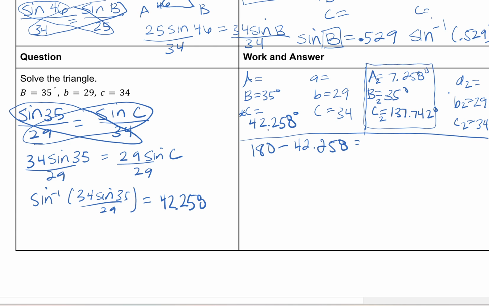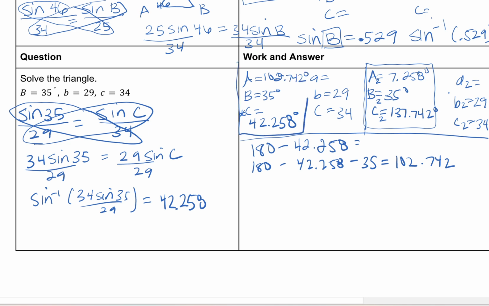And then if I do the same thing here and I subtract those two angles, or if I add those up and subtract from 180, however you like to do that, then you get 102.742. So that's going to be this one, 102.742.